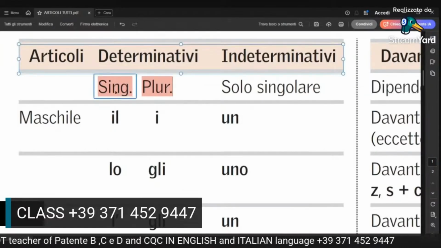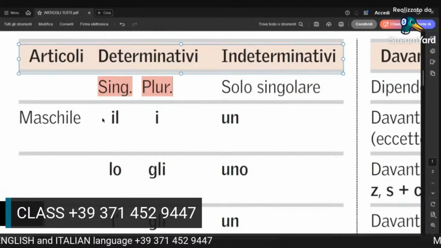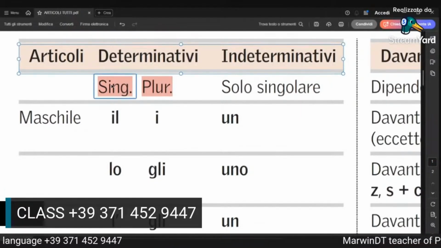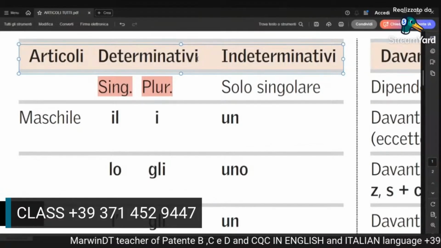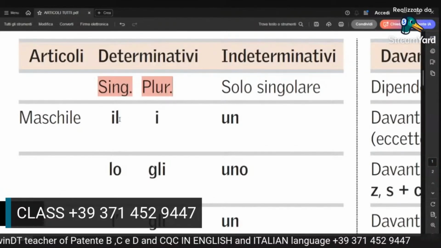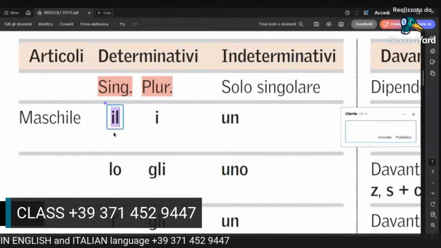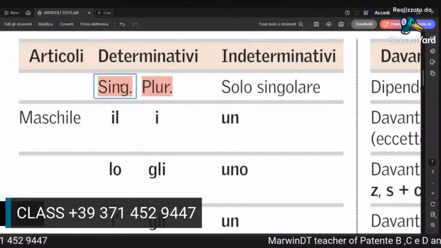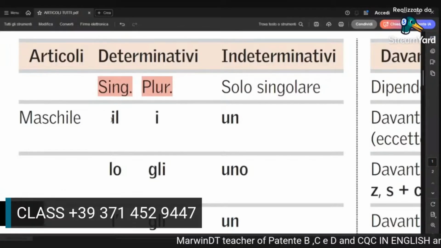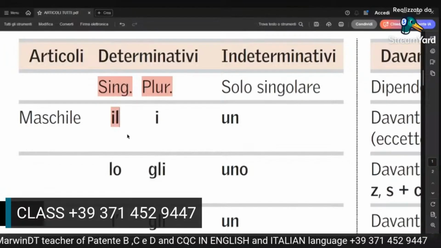So now, the singular masculine of articolo determinativo is what? Il. I repeat, articolo determinativo, the singular masculine is il. Okay.